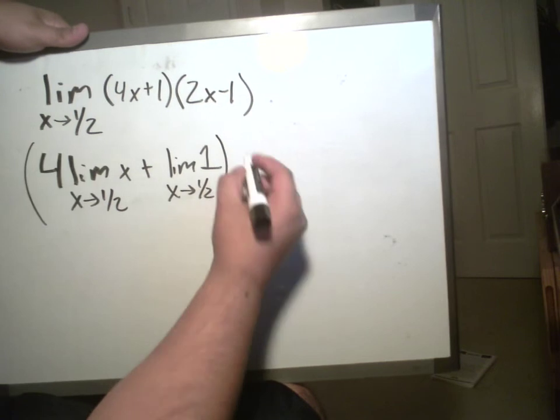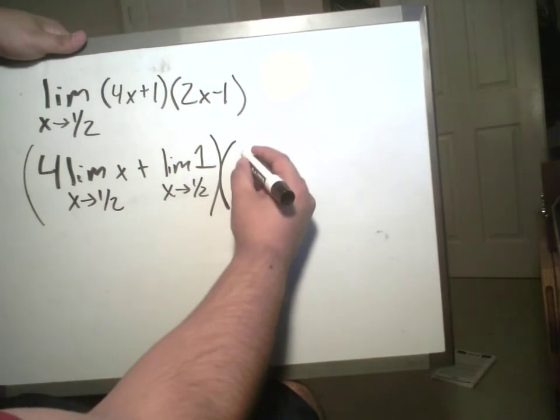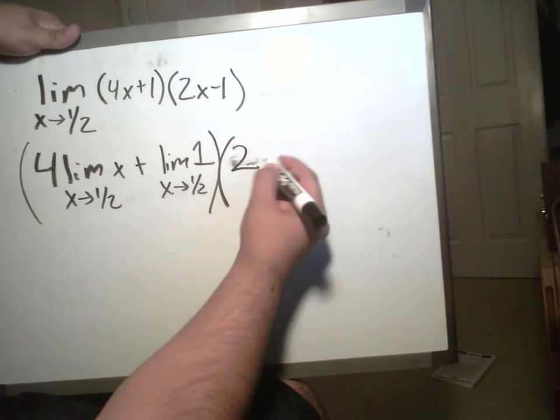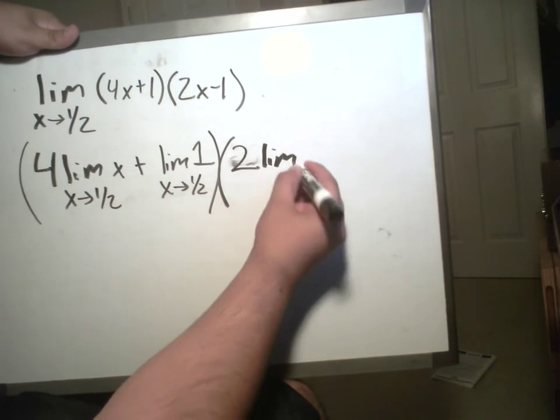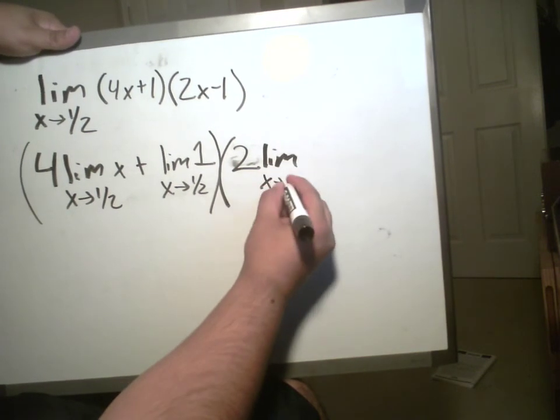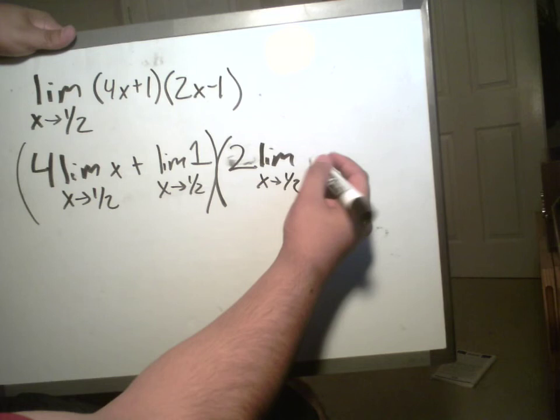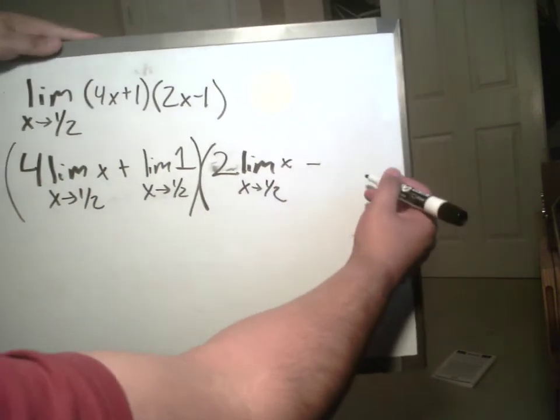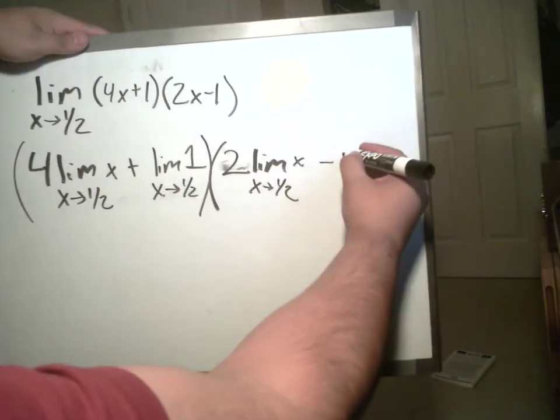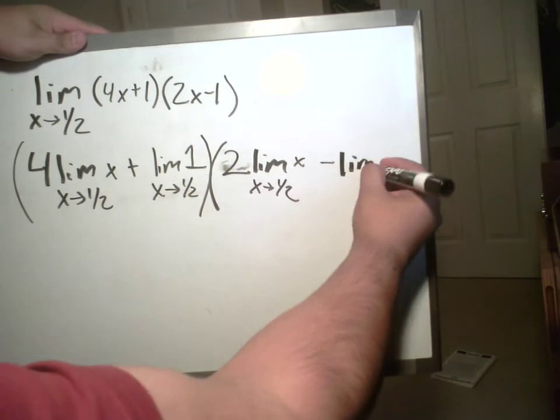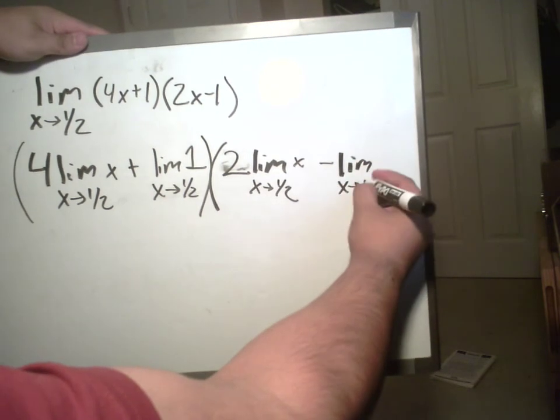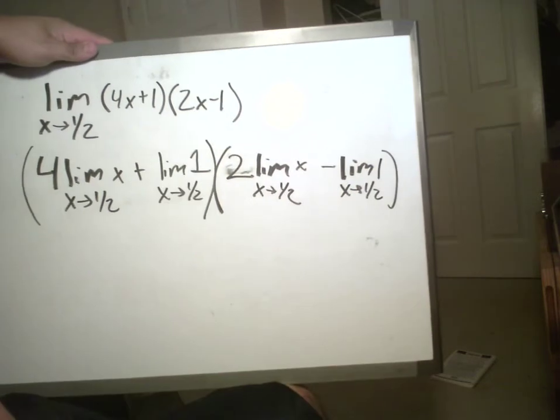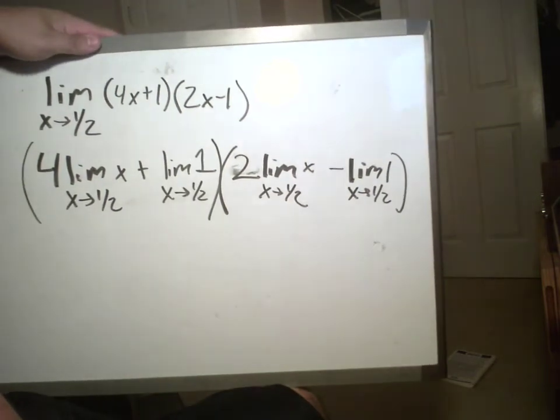All this multiplied by, we got to bring that 2 out front, so 2 times the limit as x goes to 1/2 of x minus, bring this out here, the limit as x goes to 1/2 of 1. So we got our whole expression there.